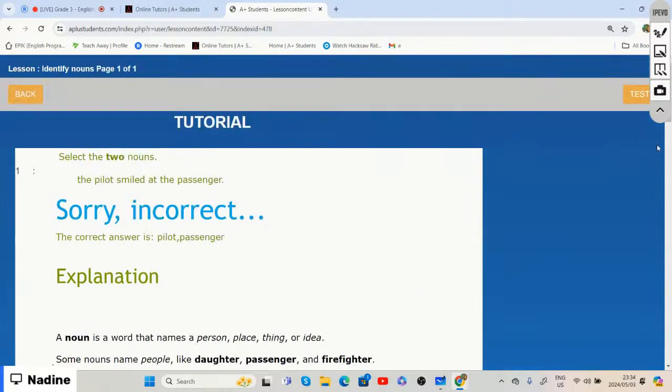So if we look at the words, it says you need to select the two nouns within the sentence. It says, the pilot smiled at the passenger. The pilot smiled at the passenger.